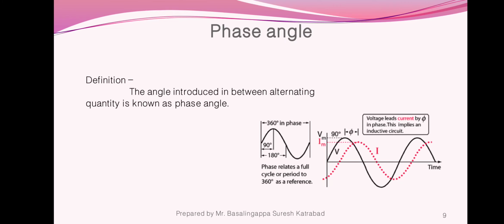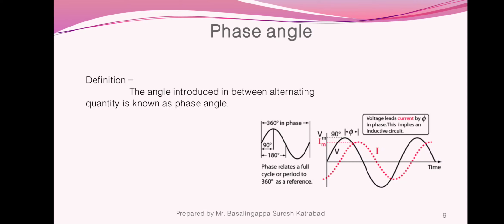Next definition is phase angle. The angle introduced in between alternating quantities is known as phase angle. Here we are showing a waveform of two alternating quantities, voltage and current.